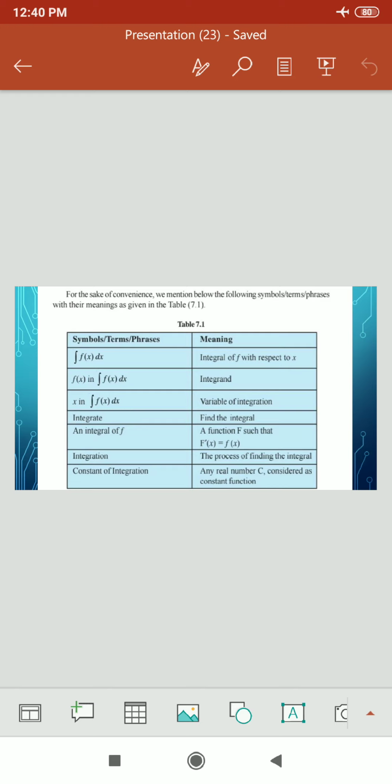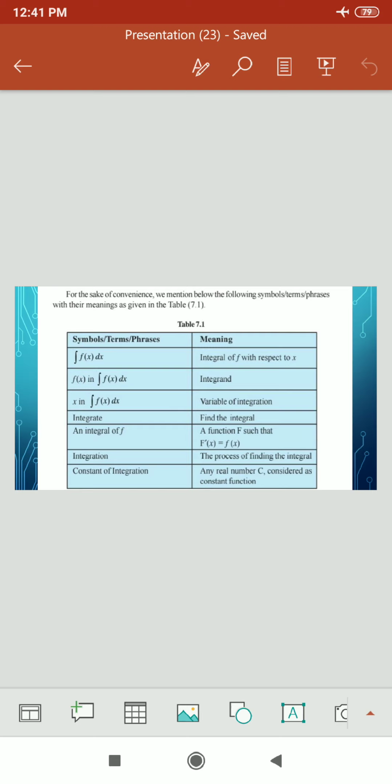For the sake of convenience, we mention below the following symbols, terms, and phrases with their meaning as given in this table 7.1. Symbol: integral f of x dx, its meaning is integral of f with respect to x. f of x in the integral is known as the integrand, and x in this integral is the variable of integration.